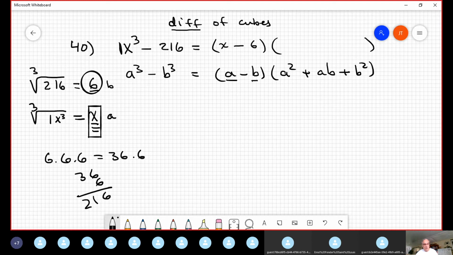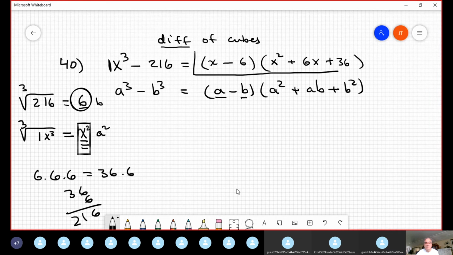The trinomial is a little more complicated, but no big deal. A squared is x², because A is x. Plus A times B is 6x. Doesn't matter the order; I put the numerical coefficient first. Plus B squared, which is 6 squared, 36. This is the final answer.